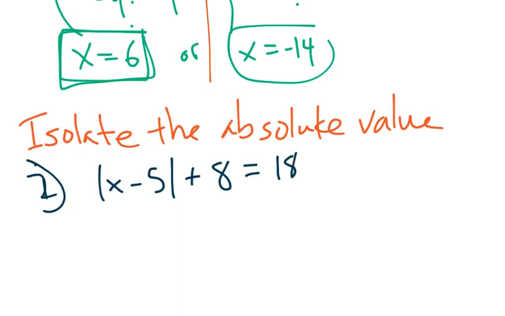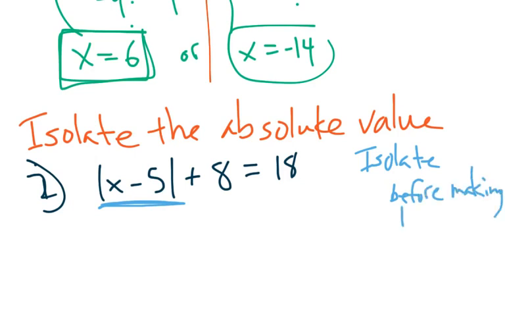So right now, our absolute value is not isolated. So we have to isolate before we break into two equations. Isolate before making two equations. If we try to break it up into two separate equations, we're going to throw off the numbers just a little bit, and we don't want to do that.